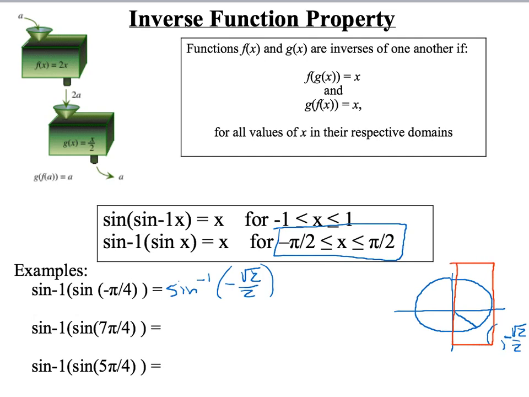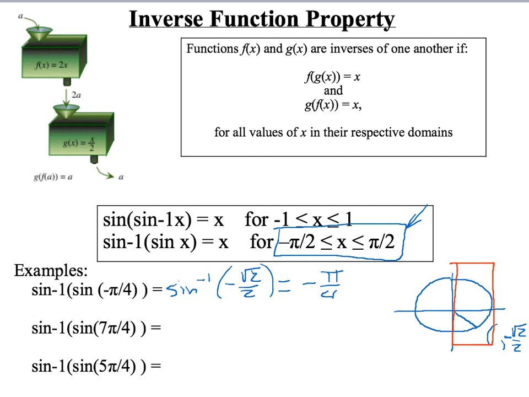And so I always kind of keep that little red box around the 1st and 4th quadrants when I'm dealing with the inverse sine, just to remind myself what the domain is, or what the possible outputs are. And so then this will go to negative pi over 4.